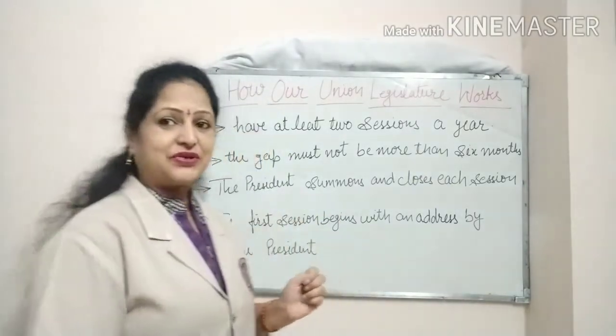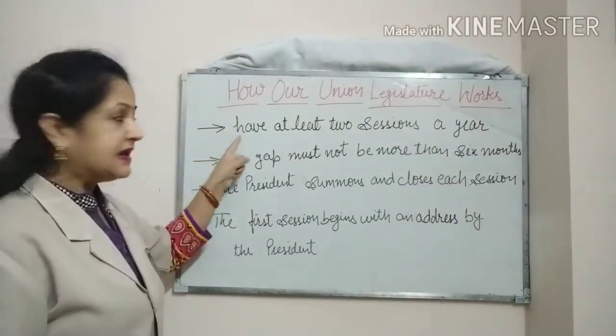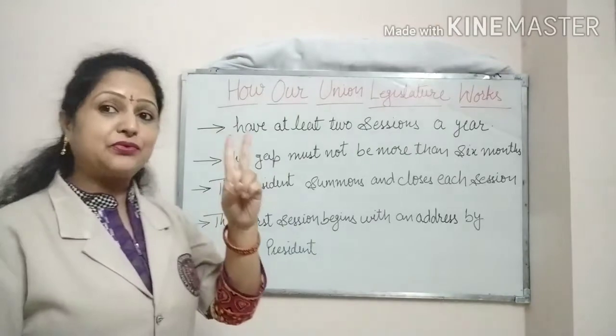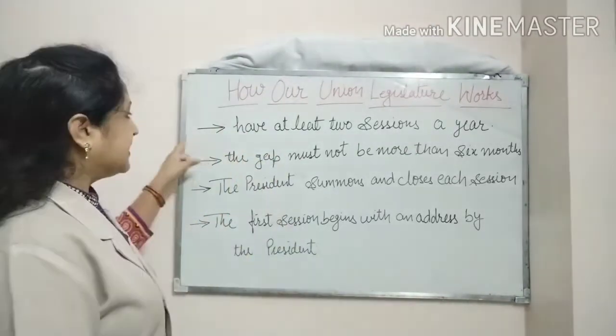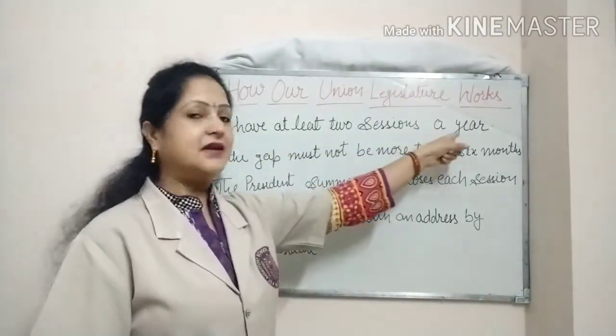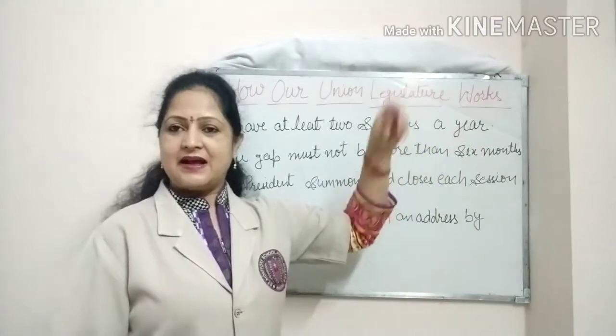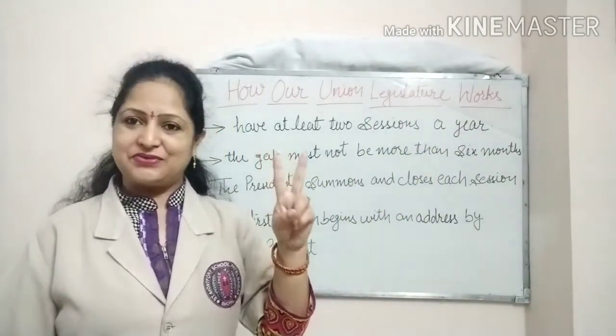So the first point of the functioning of Lok Sabha is that the Indian Parliament has at least 2 sessions. How many sessions? 2 sessions. So in a year in India, the Indian Parliament has at least 2 sessions a year.